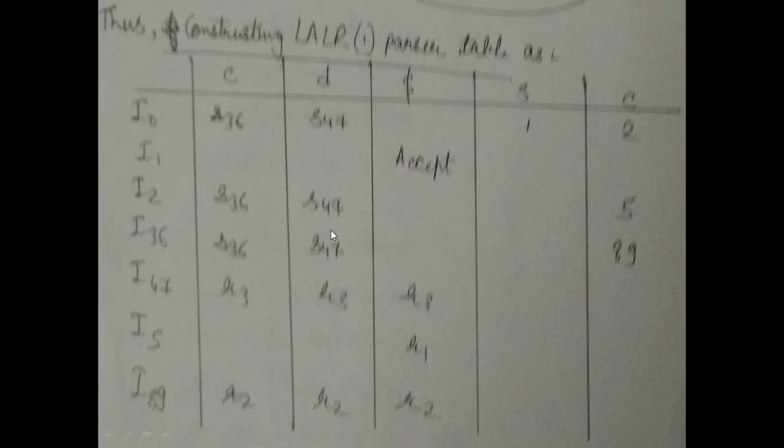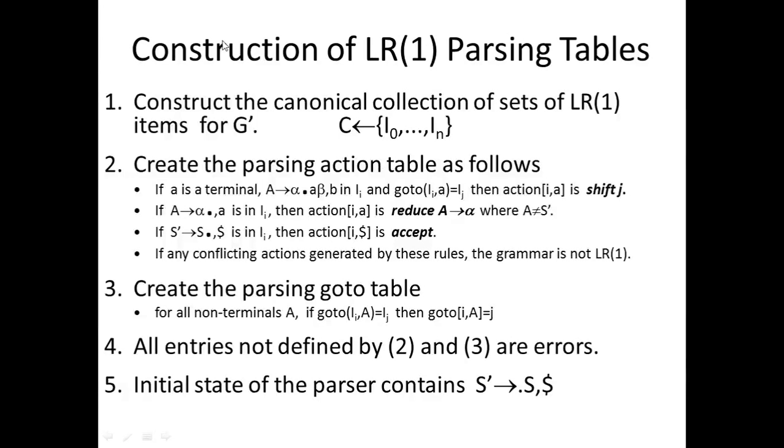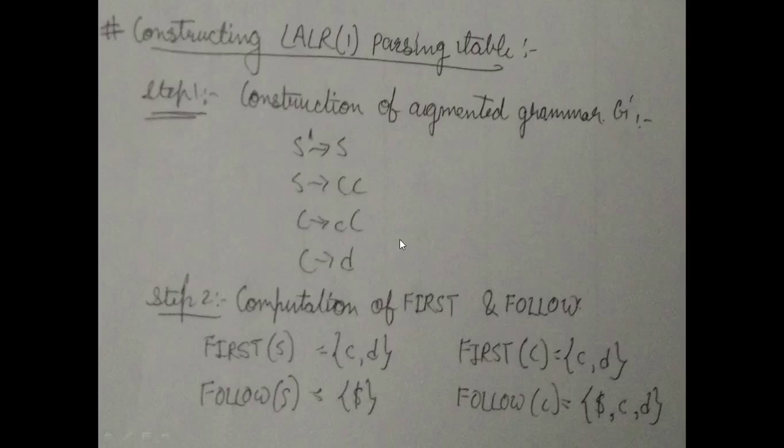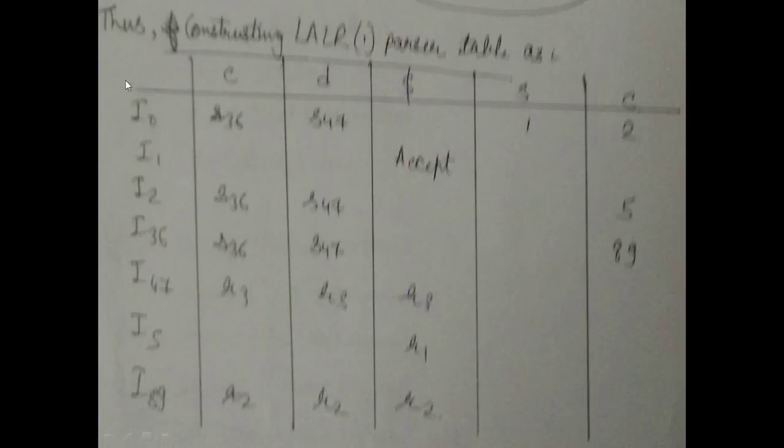Now constructing the LALR1 parsing table. For the LALR1 parsing table, we use the same algorithm as we did over here. So writing the shift, reduce and accept values according to this algorithm into the LALR1 parsing table, we get the following table.